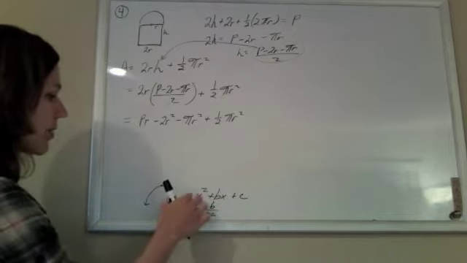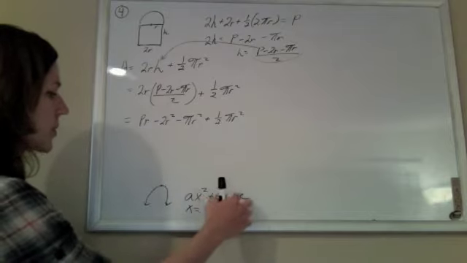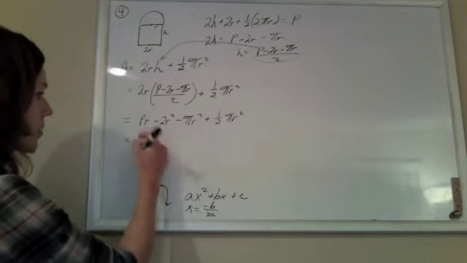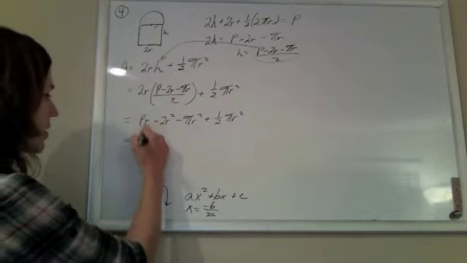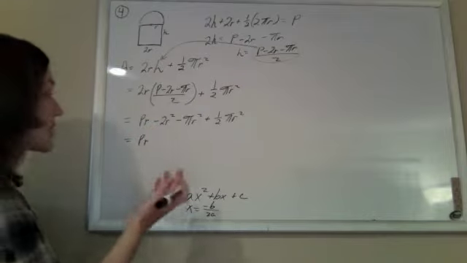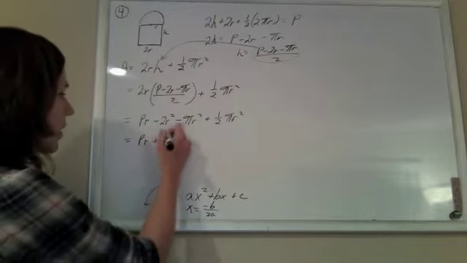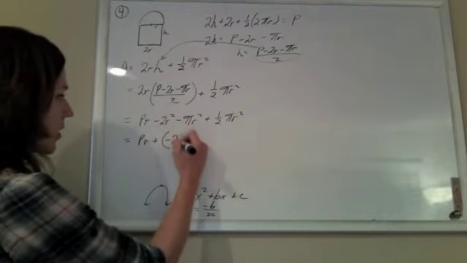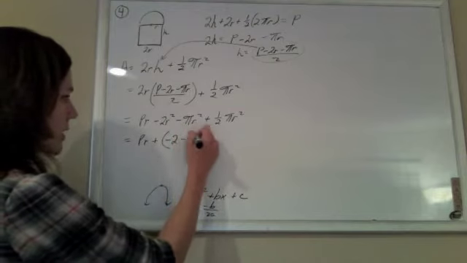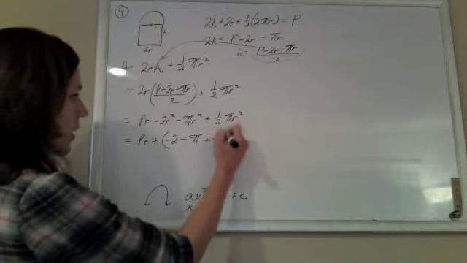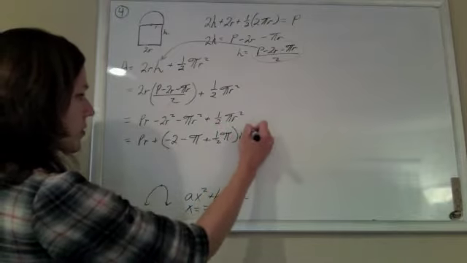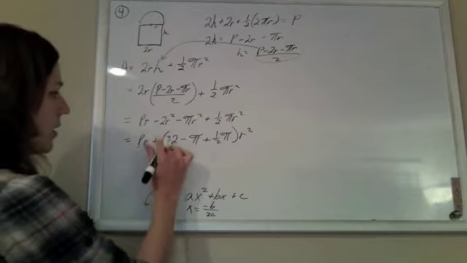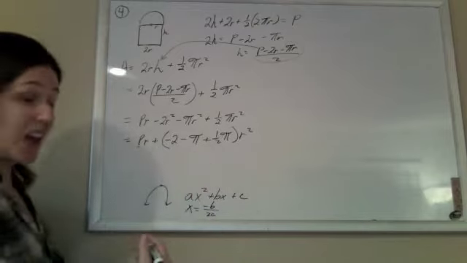So if I gather my x squared terms and my x terms and my constant terms, I have no constant terms, just this x term. Here we have r's instead of x's, no big. And then if I pull out all the r squareds, I see my coefficient here. I have minus 2 minus pi plus 1/2 pi r squared. So this little guy here, that's my b, and this whole mess there, that's my a.